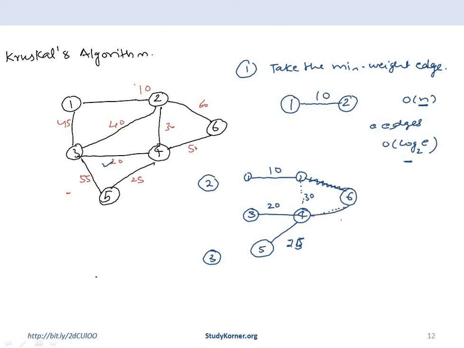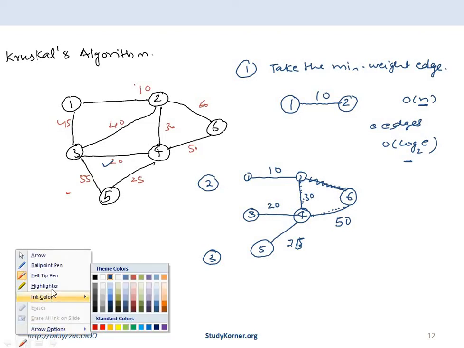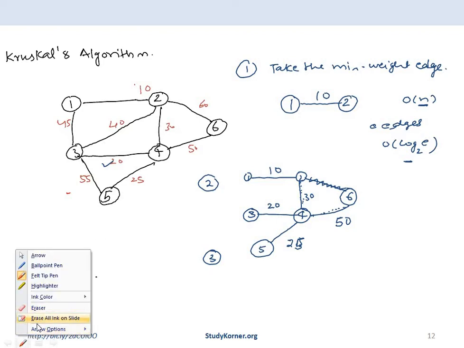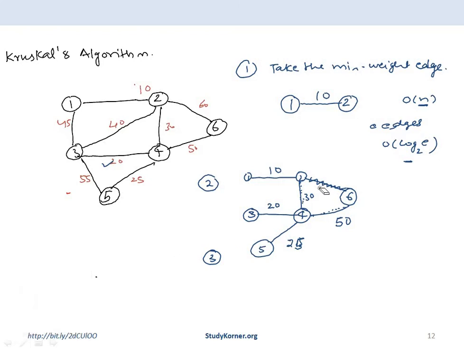In order to go from 4 to 6, you just select the edge with weight 50, and this one is 30. So the idea is very simple: at each step we need to select the edge with the minimum weight. So this is one of the possible spanning trees that can be formed.